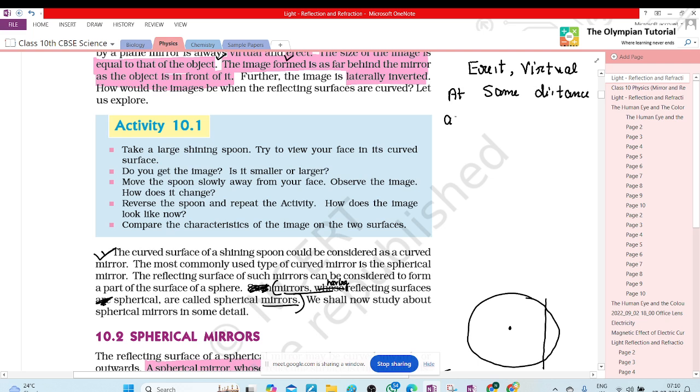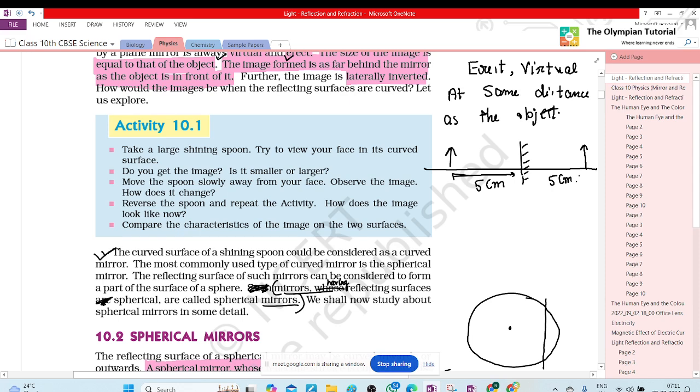Suppose the object is at 5 centimeter in front of the mirror, then the image formed is as far behind as the object distance. Suppose here is the object, this distance is 5 centimeter, then the image will also be at 5 centimeter.